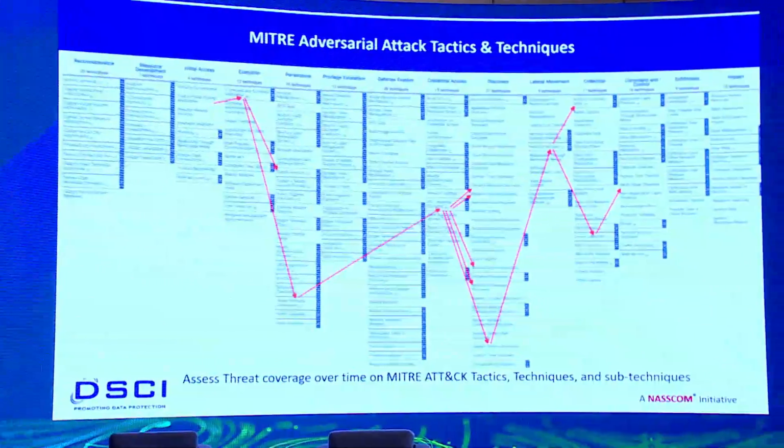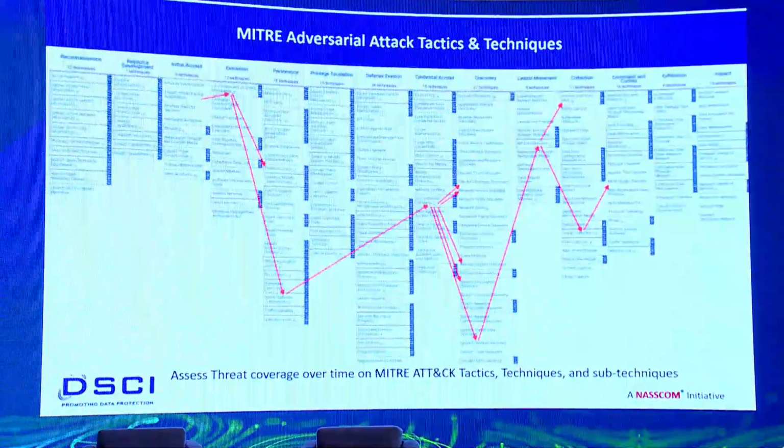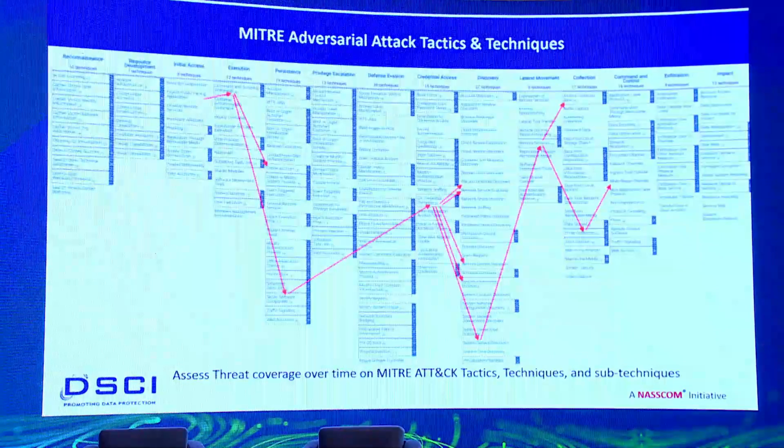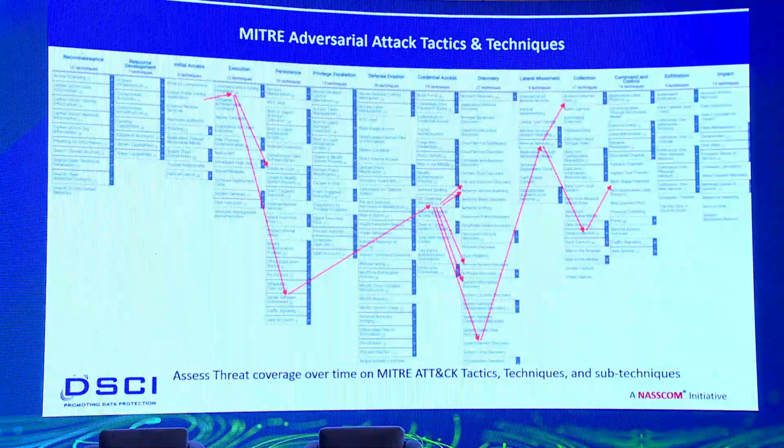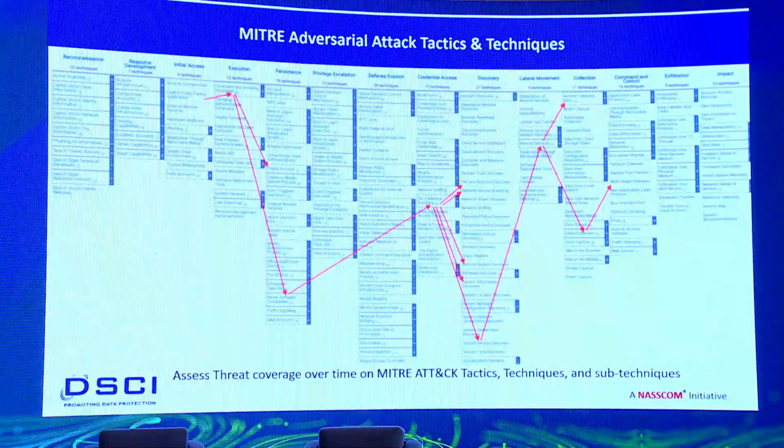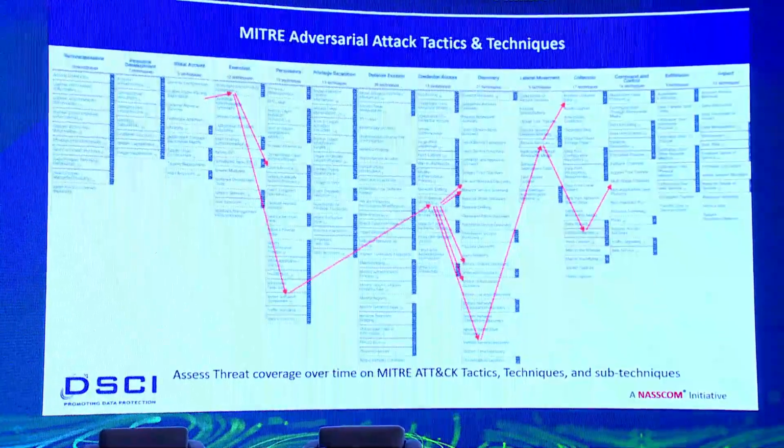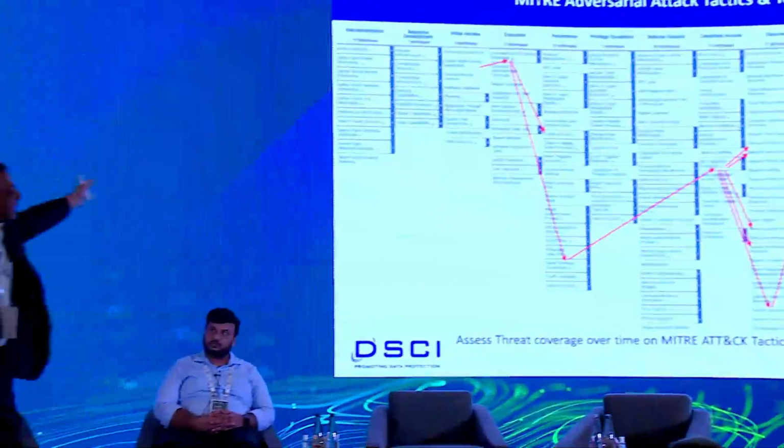So there is a framework called MITRE ATT&CK, adversarial tactics and techniques. Whatever I've explained, MITRE has tried to nicely bucket it and said there are 14 tactics and there are some techniques which this attacker can use against me. 14 tactics, about 190 techniques, and some sub-techniques.